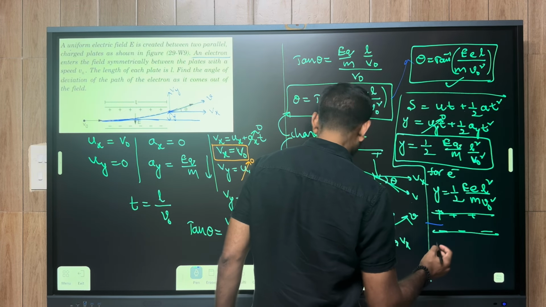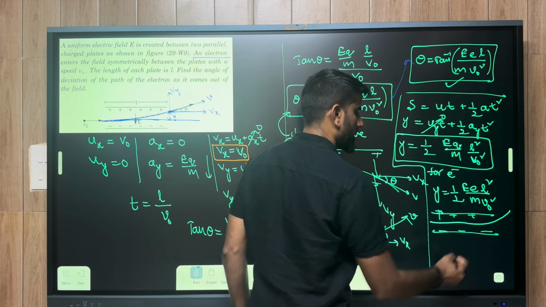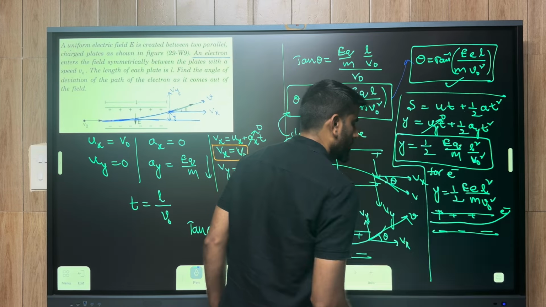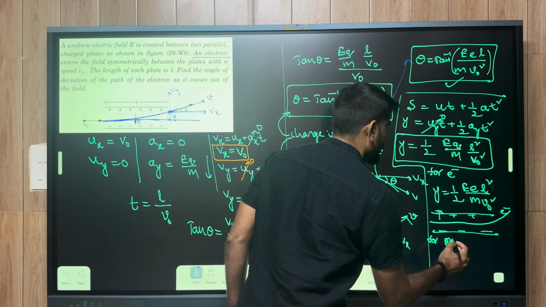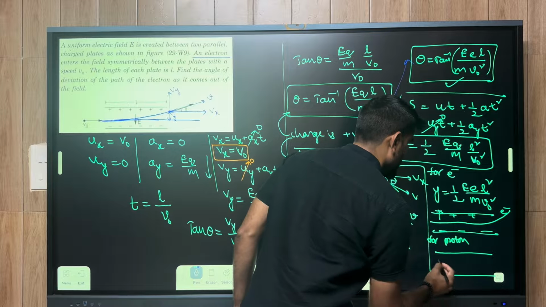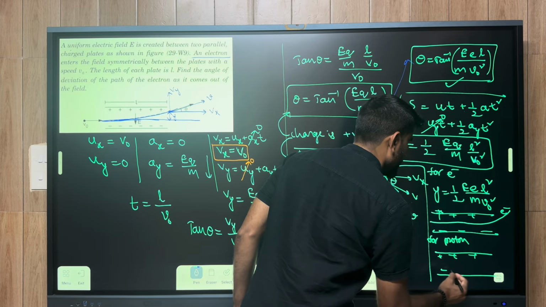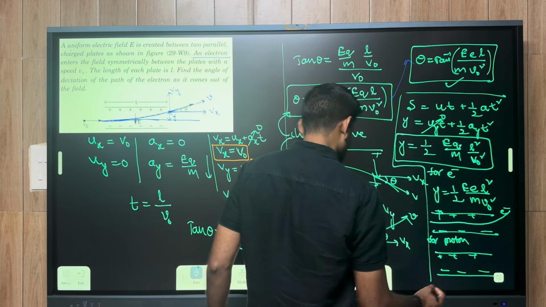The deflection will be in this direction for the negative electron. For proton or positive charge, the deflection will be plus, plus, plus, minus, minus, minus. Deflection will be this one.